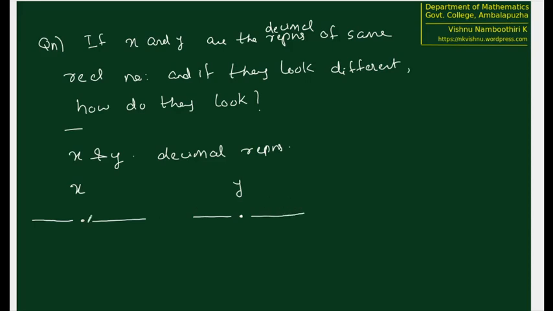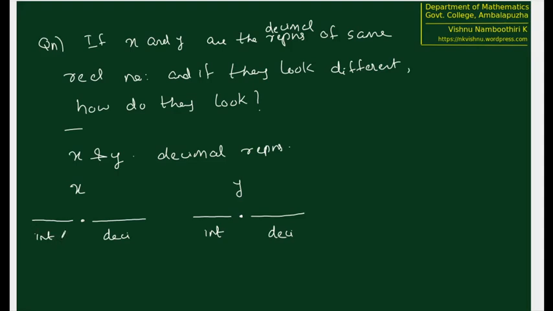This is the integer part, this is the decimal part, this is the integer part, this is the decimal part. Now x will be having several digits in that, like x1, x2, x3, etc. Several digits after the decimal point also, before the decimal point also. y also will be having several digits before and after the decimal point probably.